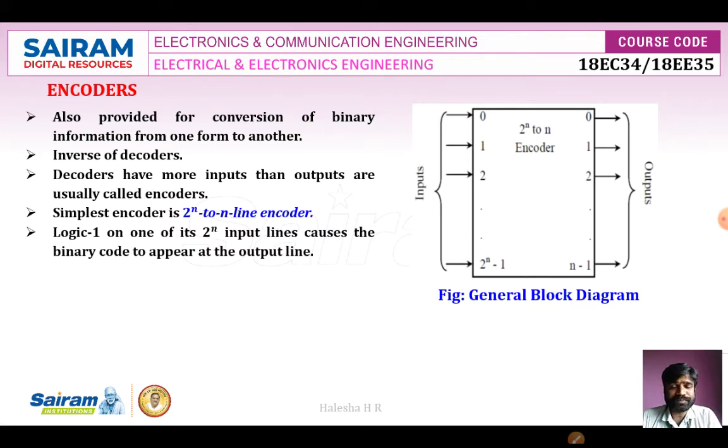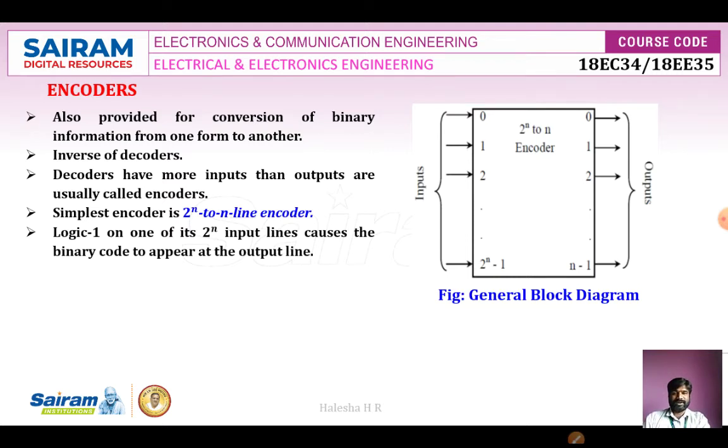That means if input 2 is selected as 1, and the remaining are all 0, the corresponding binary code, if it is 3-bit, displays as 0 1 0. If it is 4-bit, it displays as 0 0 1 0. The corresponding binary code appears at the output lines.